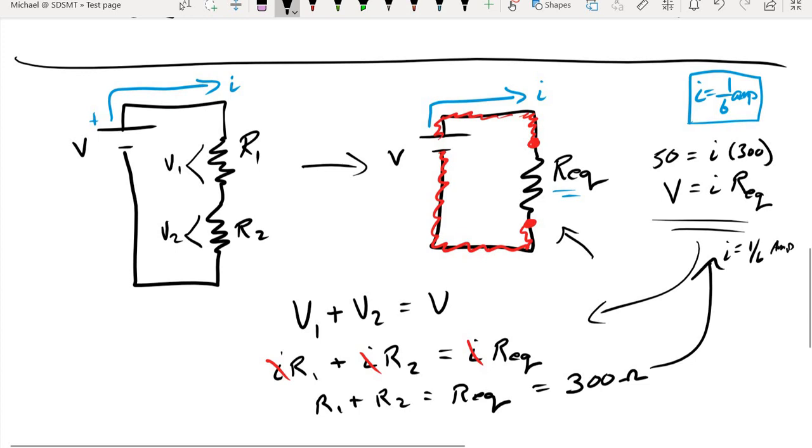So we are in fact getting the same outcome, but by finding the equivalent resistance, we can actually get to our answer of what the current needs to be a lot quicker.